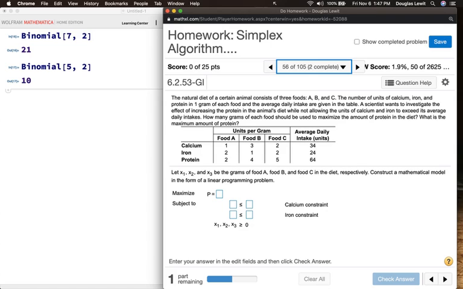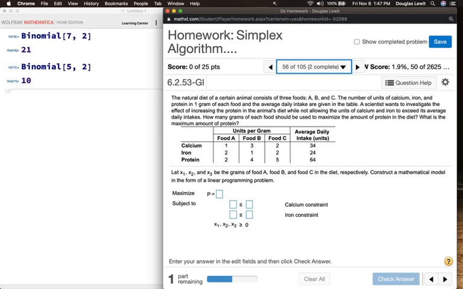The natural diet of a certain animal consists of 3 foods: food A, food B, and food C. The number of units of calcium, iron, and protein in 1 gram of each food and the average daily intake are given in the table. This table right here.